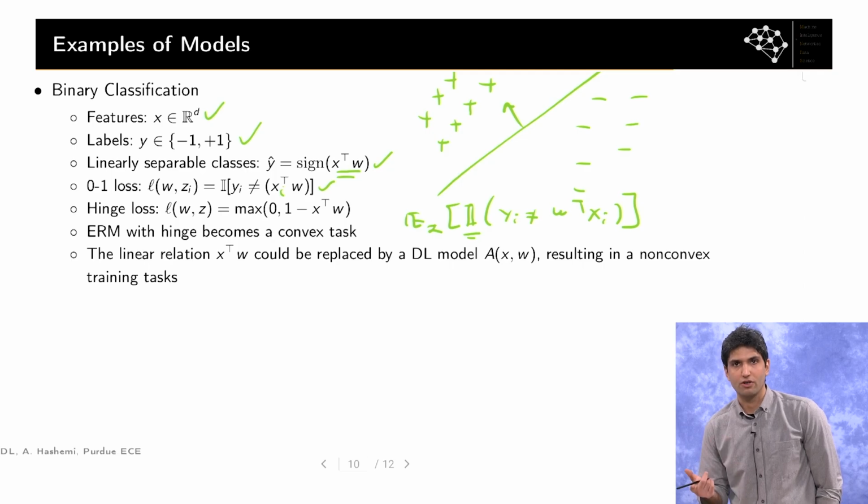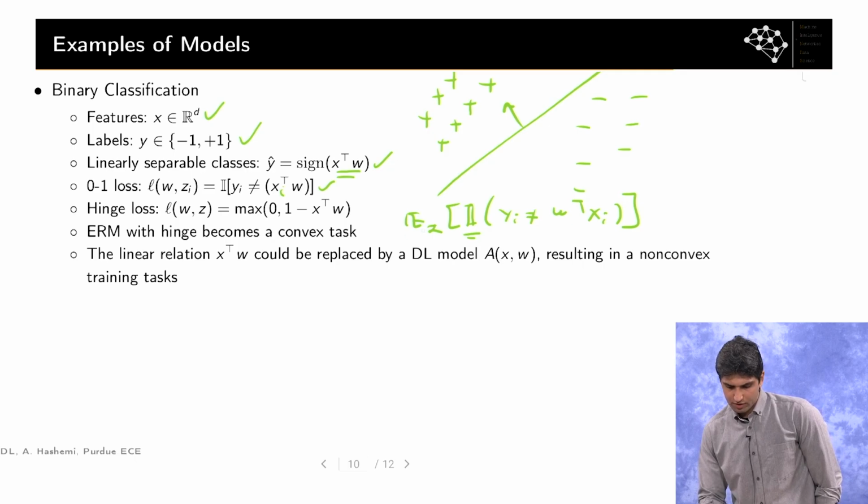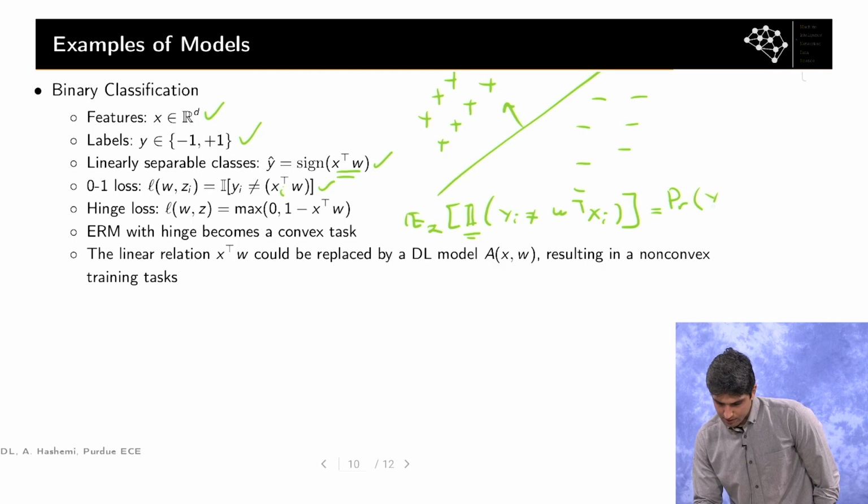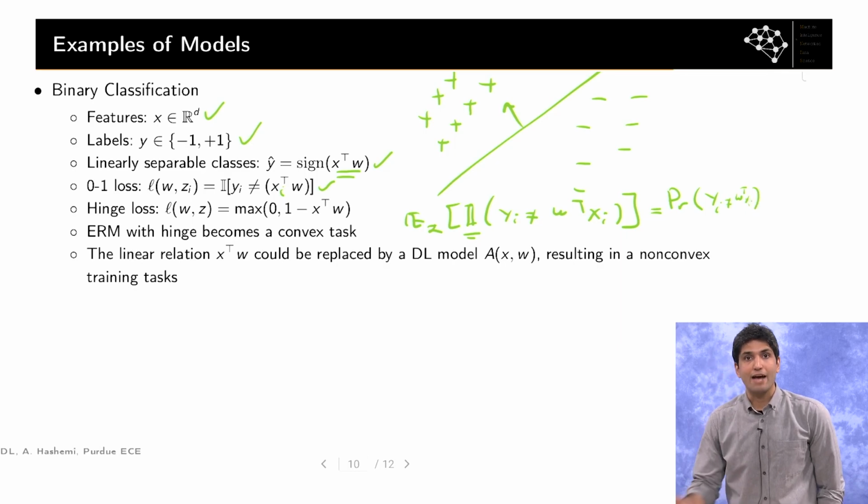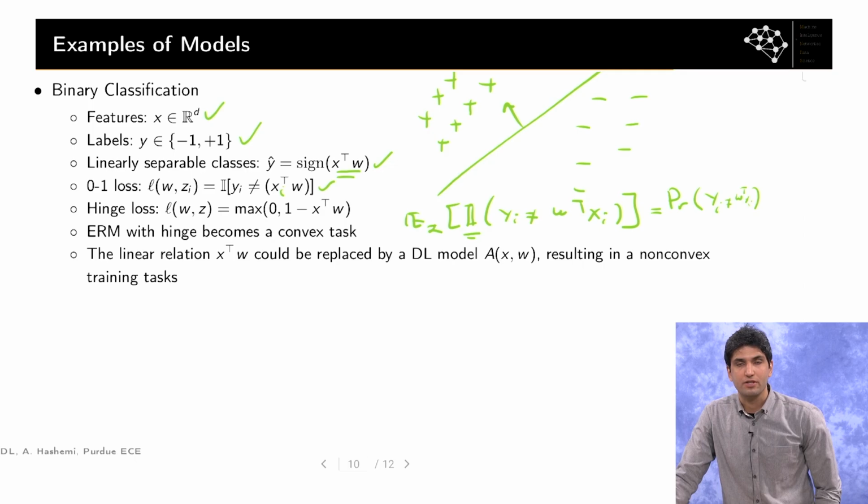Okay, so it returns a value of 1 if the argument is true. Otherwise, it returns a value of 0. So it's not difficult to see that if I take the expected value of this quantity over the choice of z, this is just going to be the probability that I misclassify the ith sample. So the average loss in this case is nothing but the probability of misclassification.